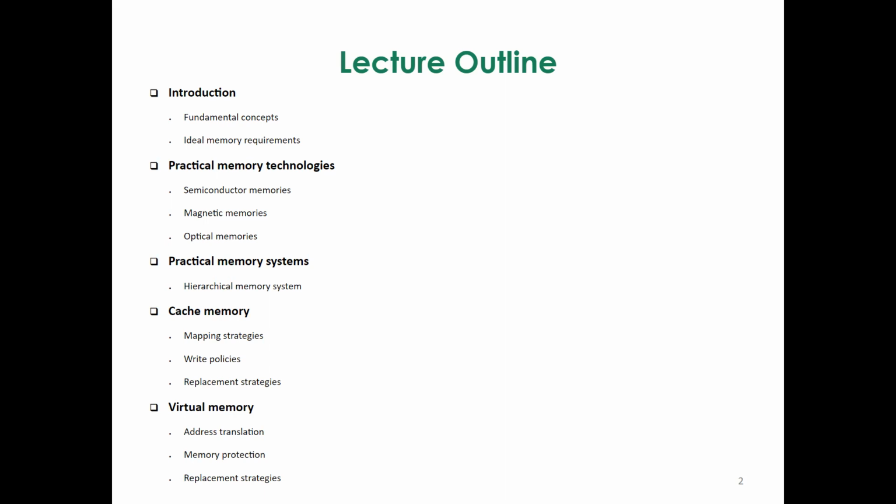And then speak a bit more closely regarding cache memory, which is an important aspect of trying to build that memory solution that is closer to the speed of the processor as much as possible.